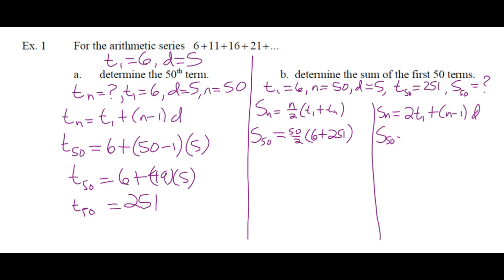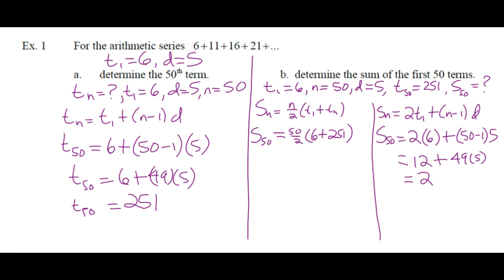And here, S50 is 2 times T1 plus 50 minus 1 times d, 5. And 245, 257. Oh wait, that doesn't make any sense. I missed something.